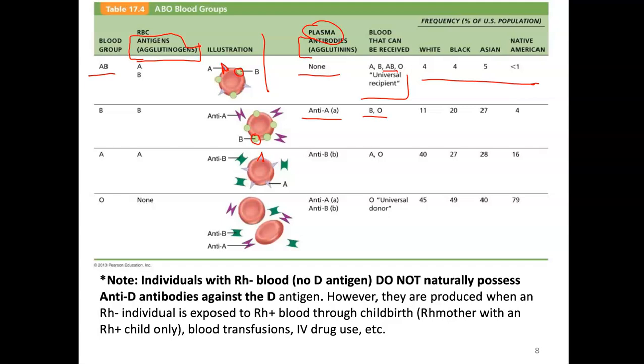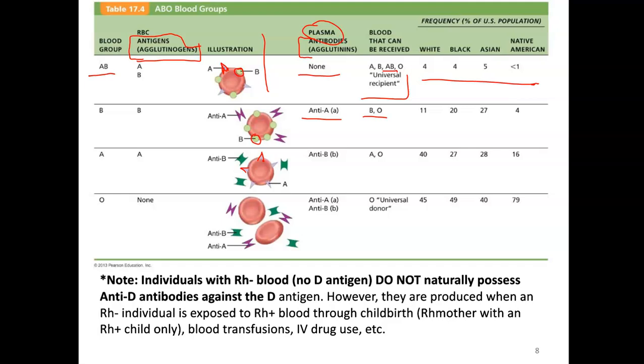And then the opposite is true for type A. Type A has only the A antigen, doesn't have the B antigen. So again, if the A antigen is present on the cell membrane, then the opposite antibody is found in the plasma.